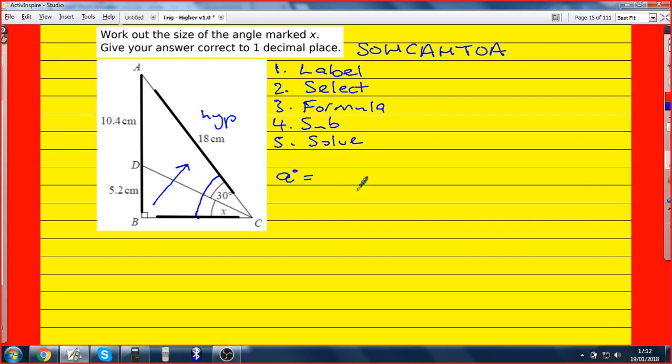You said that side is 15.6, but is it opposite or adjacent to the angle? Isn't it opposite? Yeah, it's opposite.